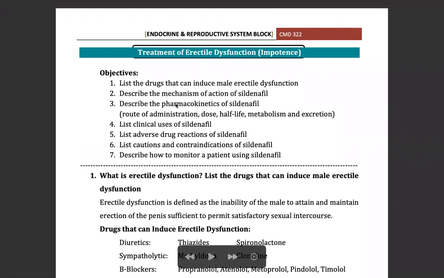The objectives of the lectures are: list the drugs that can induce male erectile dysfunction, or we can say drug-induced impotence. Which are the drugs generally and commonly responsible for male impotence?